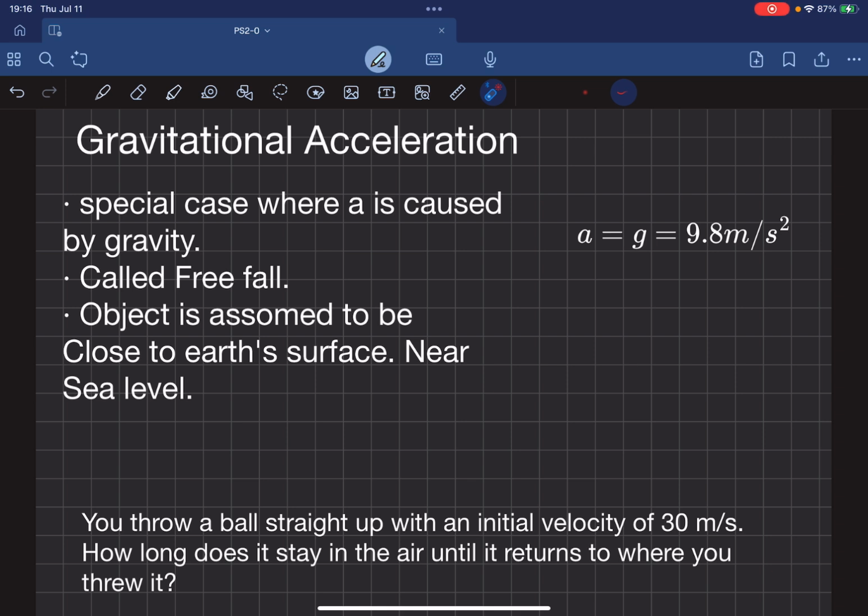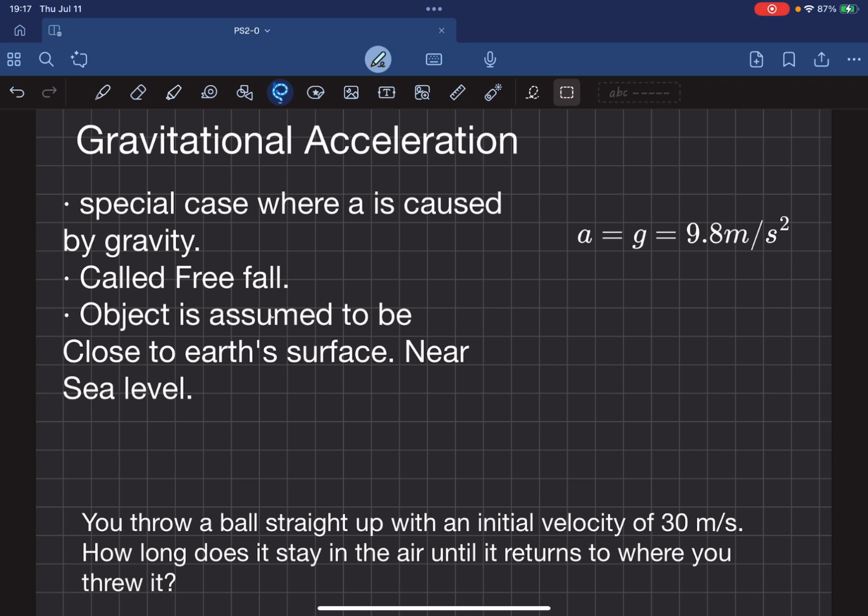Now, we have some assumptions that we need to talk about. The assumptions are that the object is being dropped near the Earth's surface. If you go to the moon and you drop an object, it will fall slower than if you drop an object on Earth. So the acceleration is different on the moon than it is on Earth.